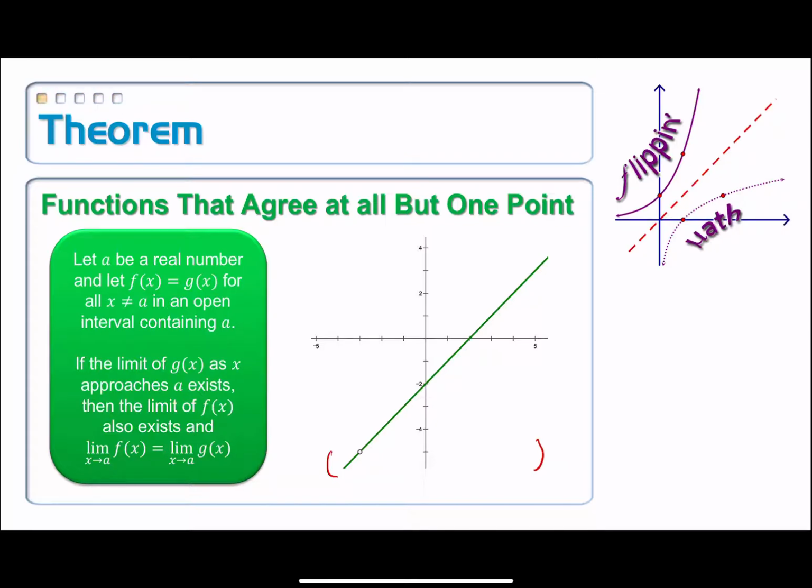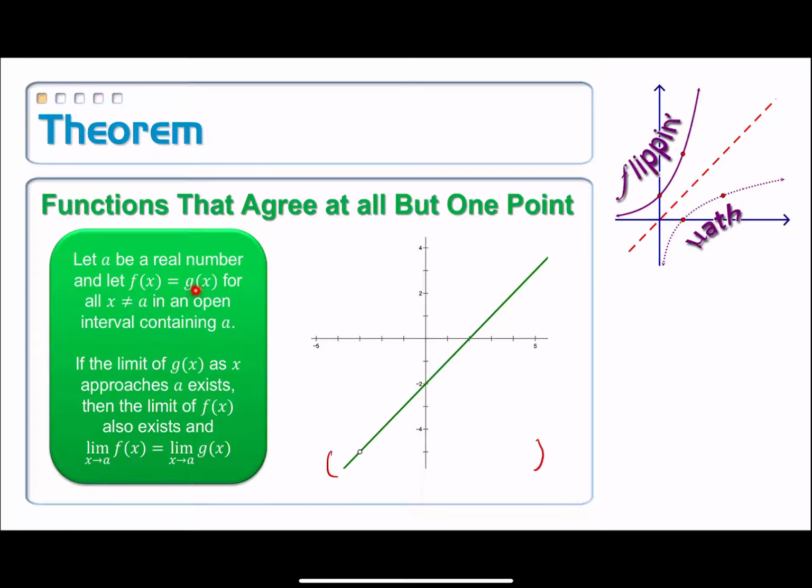Let's look at the second part there. If the limit of g of x as x approaches a exists, then the limit of f of x also exists. So I'm going to pause right there. So we just found ourselves an equivalent function, hopefully a simpler function, the one that is supposed to fill the hole for us everywhere except for at x is equal to a.